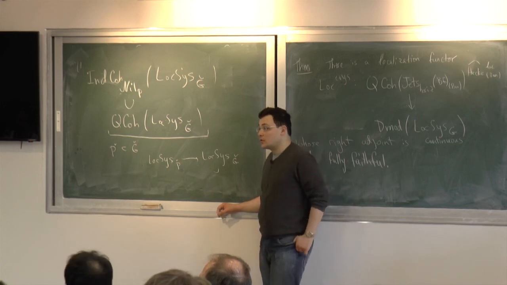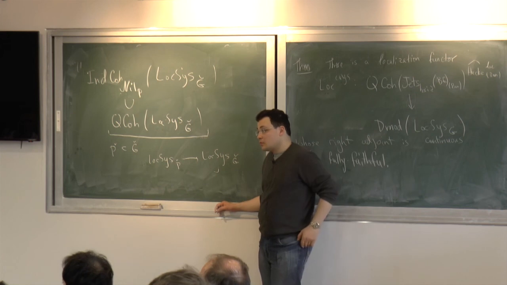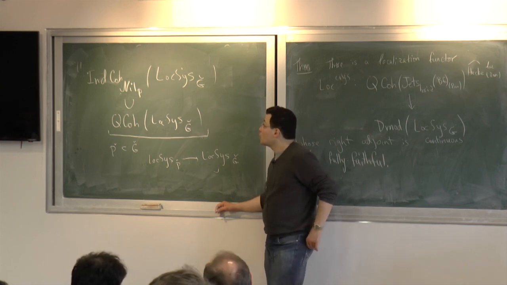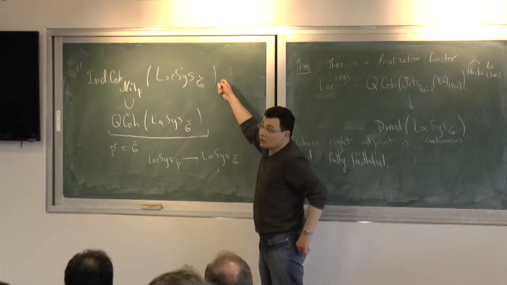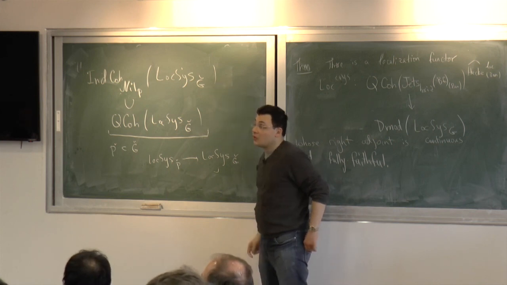Oh, I see. So it's a category, then there will be a functor into the category we want, but it won't be fully faithful. Is that what you're saying? Is there a functor from this category of LocSys check, with a connection, to this one? Yes, there's a restriction functor, but it's not the one that you should be looking at.